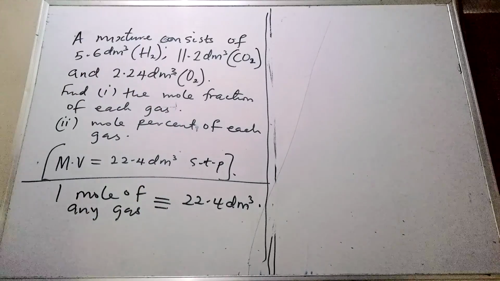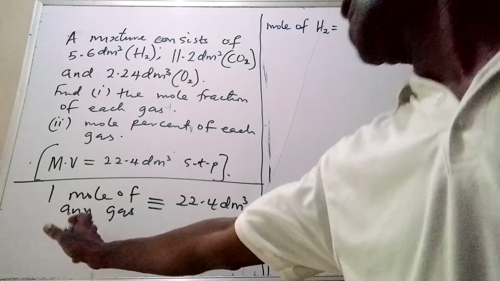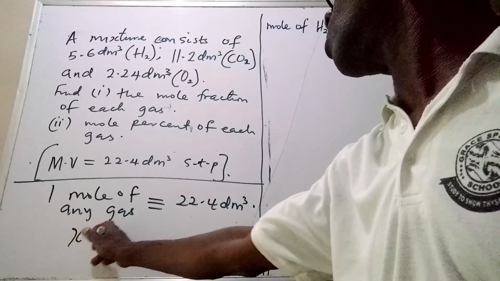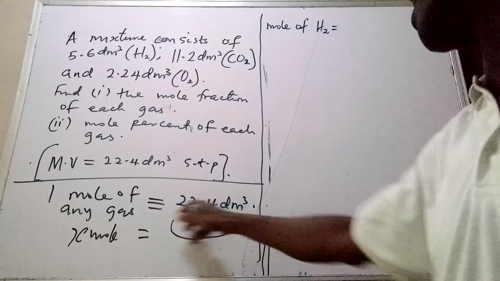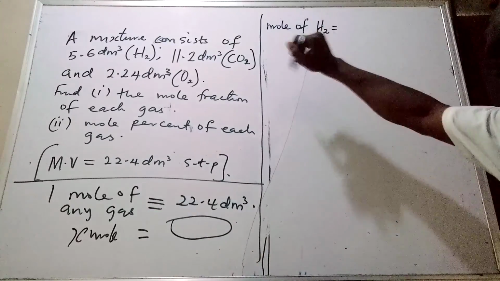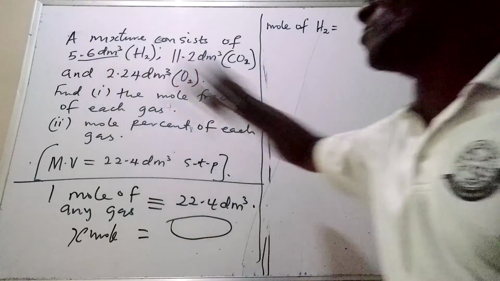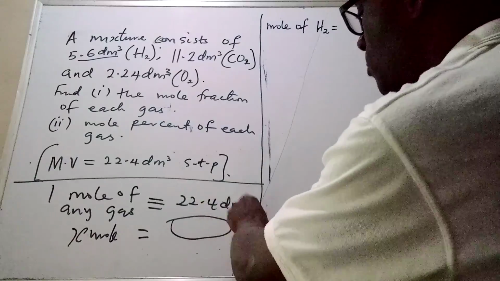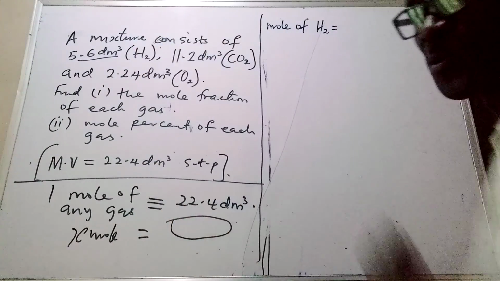Alright. So let's assume that X mole of any gas will be equivalent to whatever we are given. To find the mole of hydrogen, the volume of hydrogen given is 5.6. So obviously, if 22.4 dm cube is 1 mole, 5.6 is not up to 22.4 dm cube.